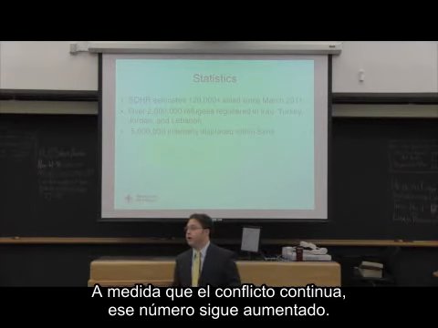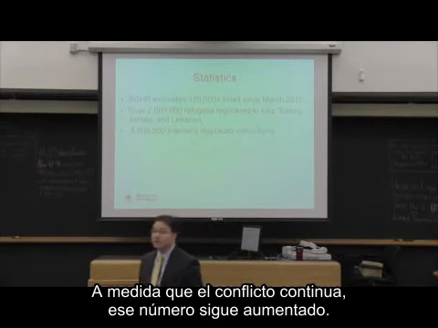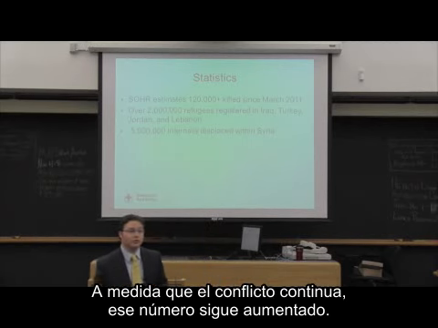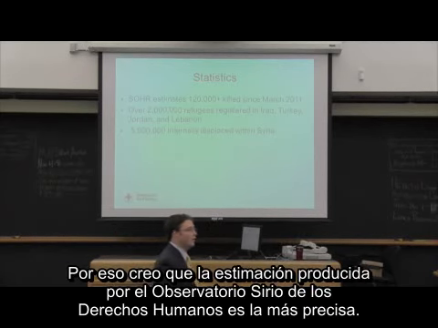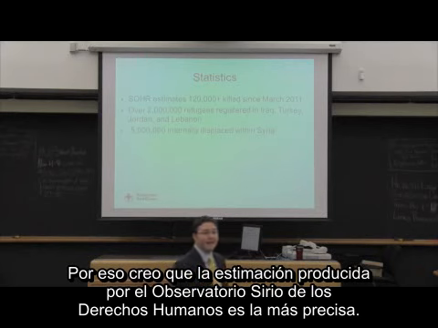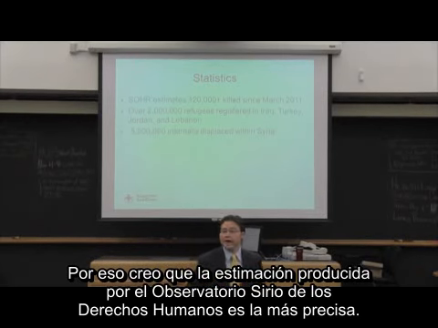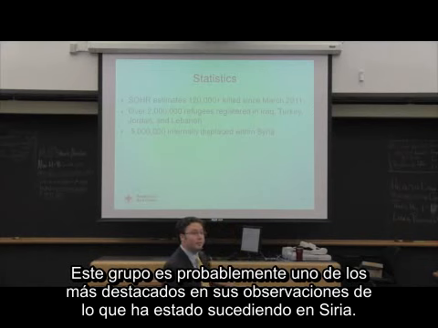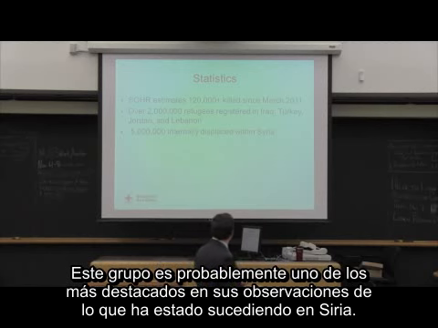So surely, as the conflict has continued unabated, that number is higher. So I think the Syrian Observatory for Human Rights estimate is probably the most accurate one that's out there. And they've been following the conflict since the very beginning. It's probably one of the most preeminent watchdog groups following Syria right now.